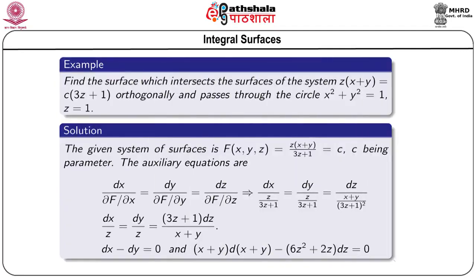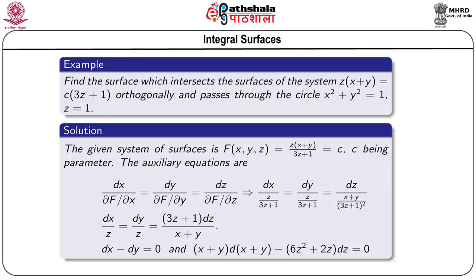Now, we shall take another example to make the concept clearer. In this example we have to find the surfaces which intersect the given system of surfaces z into x plus y equals c into 3z plus 1, where c is the arbitrary constant.